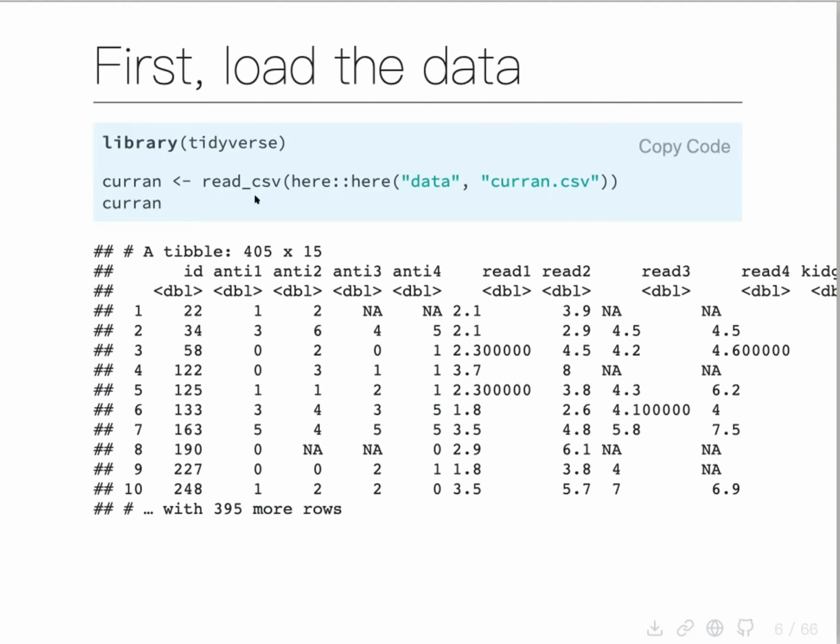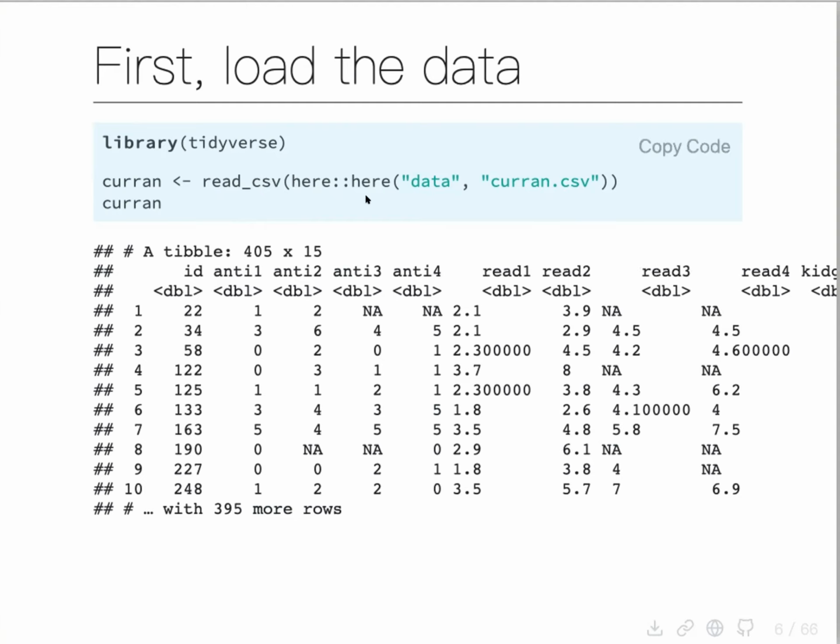Notice I'm using read_csv instead of read.csv because that's from the readr package. It's a little bit nicer than read.csv, and a little bit faster. But better, I think, is that it comes in as a tibble, which has nicer printing properties. There are a few other things too, but that's the main part.